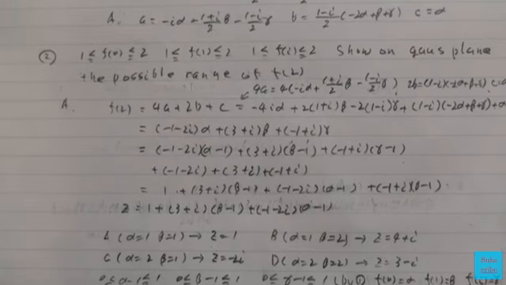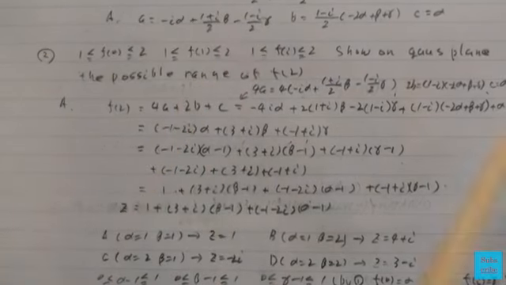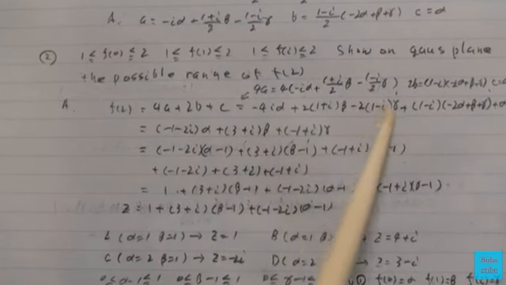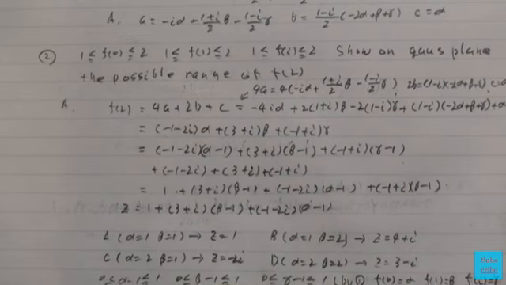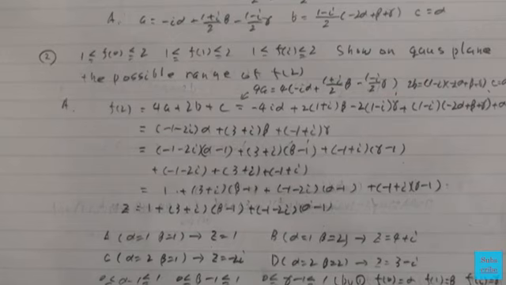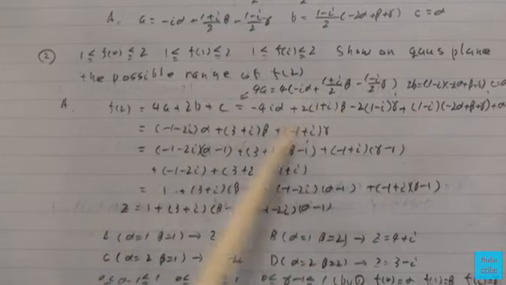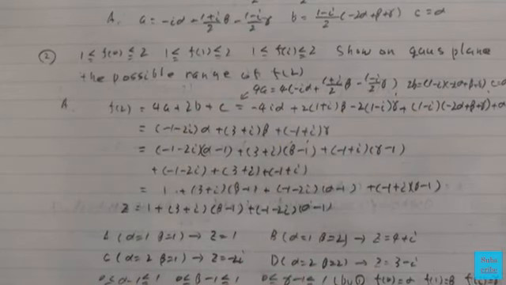By part 1, we can express 4a plus 2b plus c in terms of alpha, beta, gamma, and calculate it. It equals the form l alpha plus m beta plus n gamma.